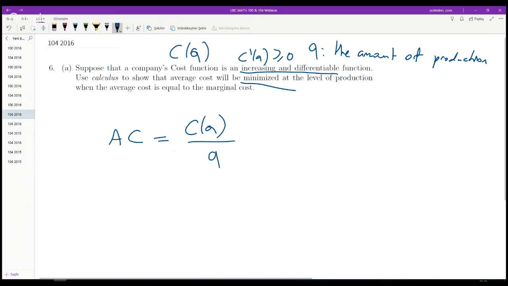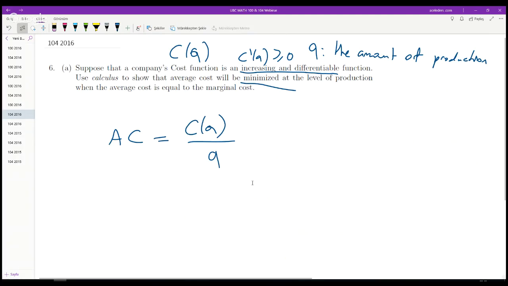What do I do? So please answer me just at this point. I need your feedback. How can I minimize average cost? What do you say? Okay. I'm just waiting for your feedback.